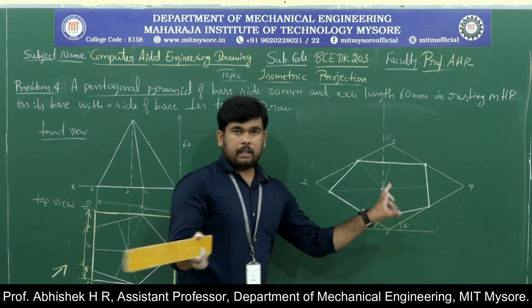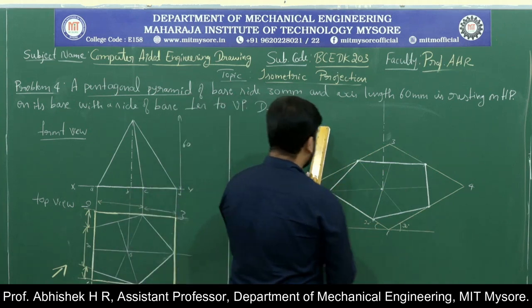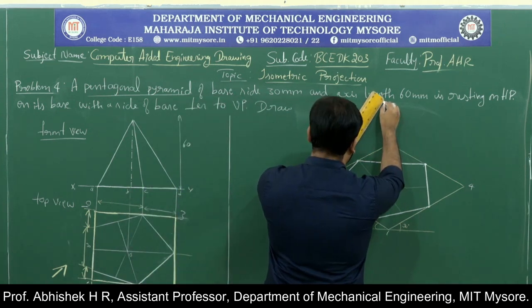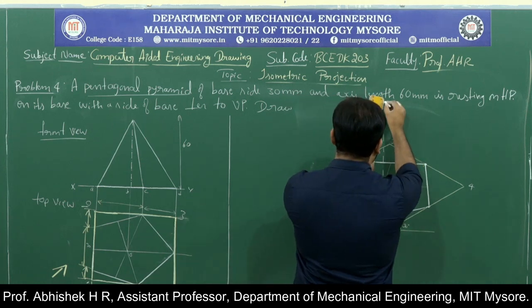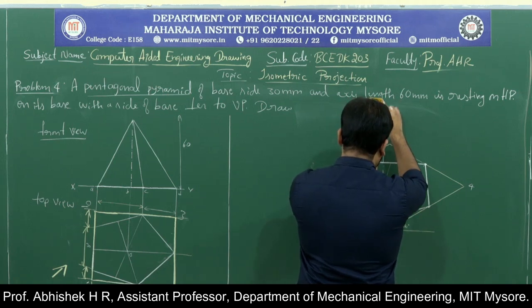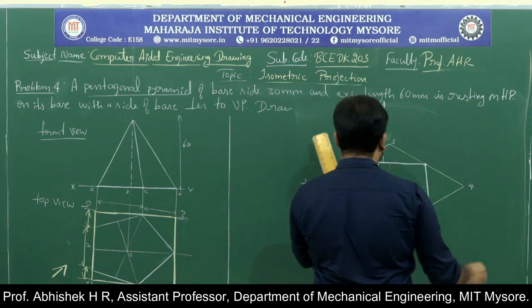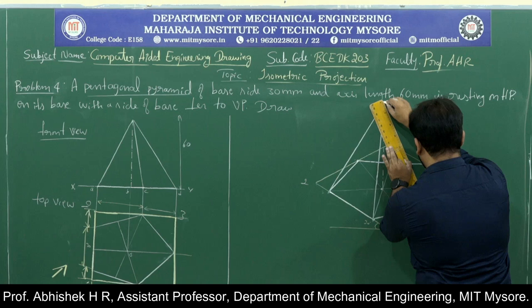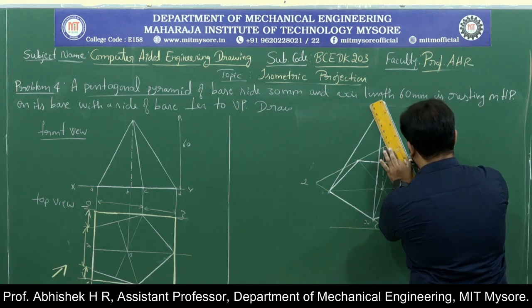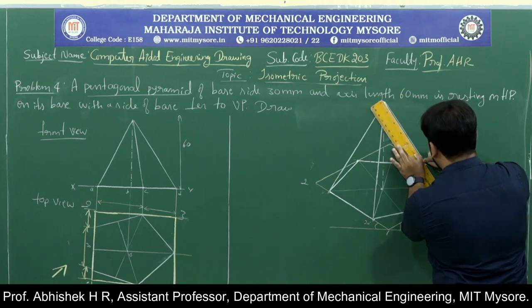Once the length is ready, the problem is simple. Just we need to join these lines from here to here, then again from here to here, then again from here to here, then again from here to here.